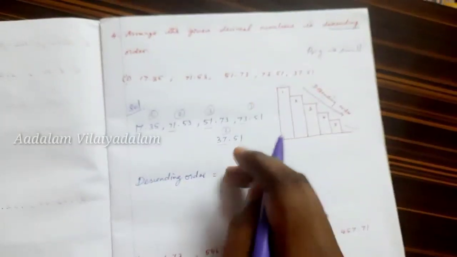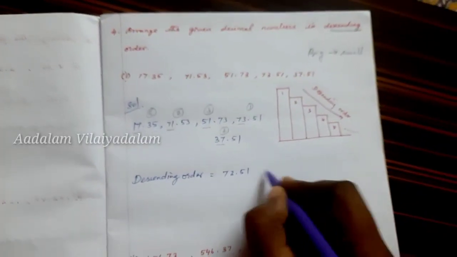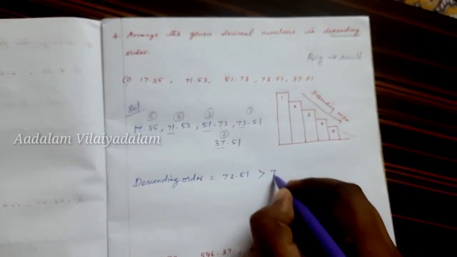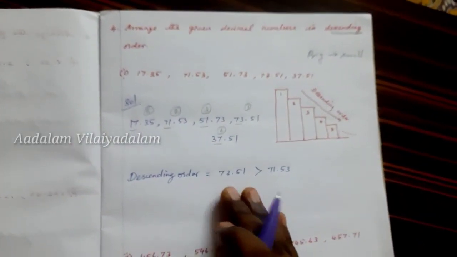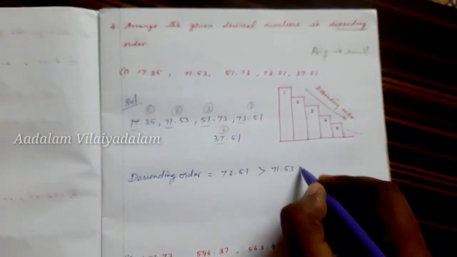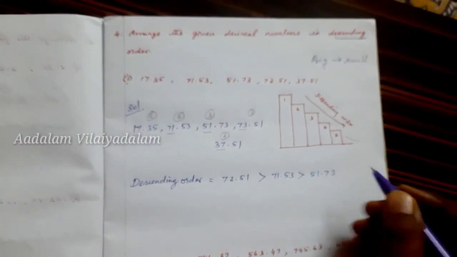Write down the bigger number first. 73.51 is greater than 71.53. So we are arranging from bigger number to smaller number. The next smallest number is 51.73.